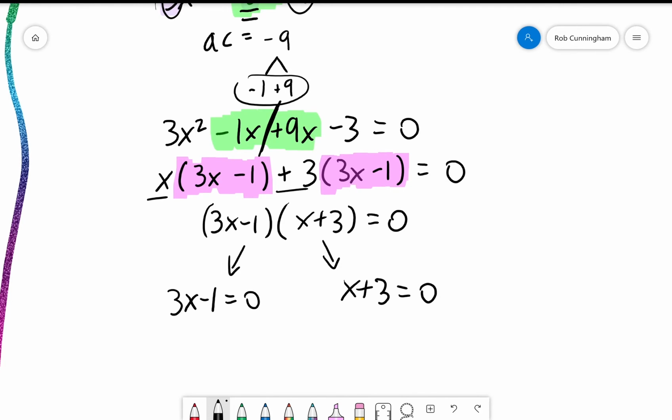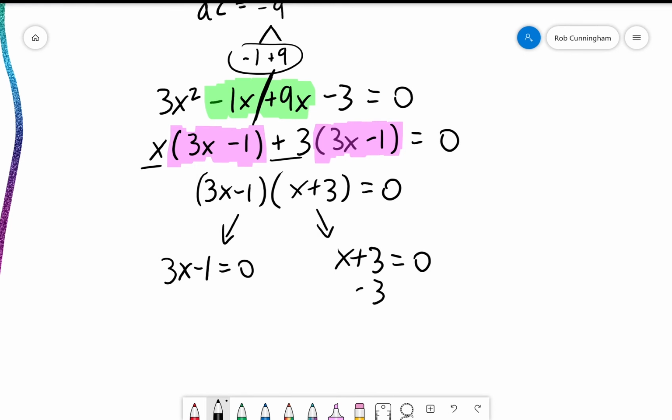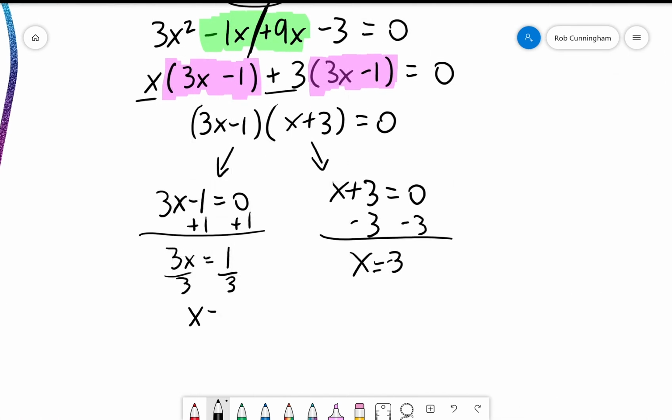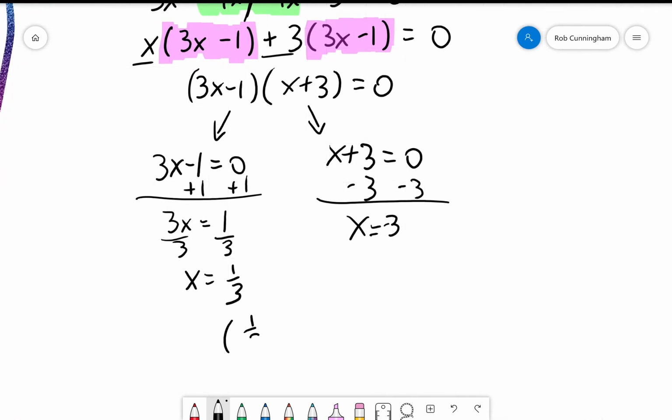Again, because if either one of those factors equals 0, then the whole product equals 0. The right one's easy. Just subtract 3 from both sides, and you get x equals -3. Over here, it's 2 steps. You get x equals 1/3. So our two x-intercepts are 1/3, 0, and -3, 0.